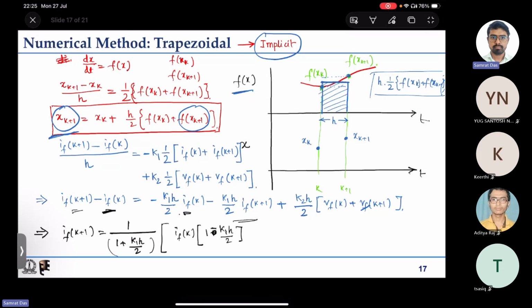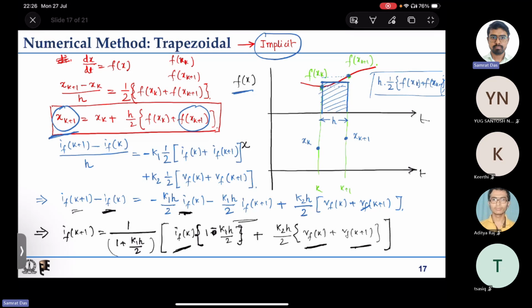This will become plus, this will remain negative, so 1 minus k1 h by 2, plus the entire thing k2 into h by 2 into vfk plus vfk plus 1. This becomes the solution of ifk plus 1. So here you can see that the kth instant if is the initial condition that is required, and the value of input at both the kth instant and k plus 1th instant are used.